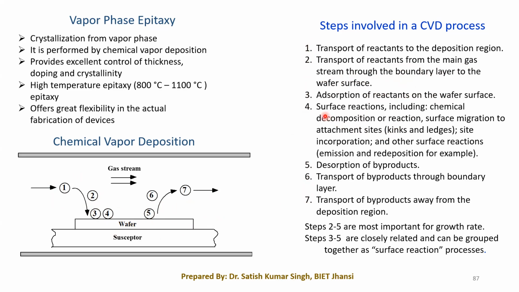Then the surface reaction includes chemical decomposition or reaction, surface migration to the attachment sites, kinks and ledges, site incorporation, other surface reactions, emission and redeposition, for example. Then desorption of byproducts, transport of byproducts through the boundary layer, and transport of byproducts away from the deposition region. So these are the basic 7 steps that I have explained.